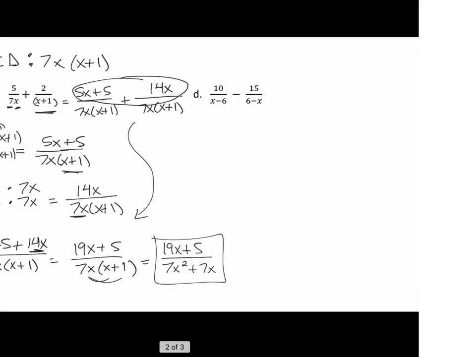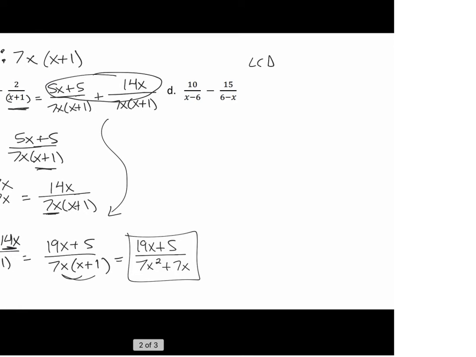Ooh, D is interesting. Let's see. We want to find the least common denominator here of x minus 6 and 6 minus x. And if you want to take the product, you can look at those as unique. Or you can look at this as, let's switch these terms, because in polynomials, I want them to be in descending order. So let me do that.